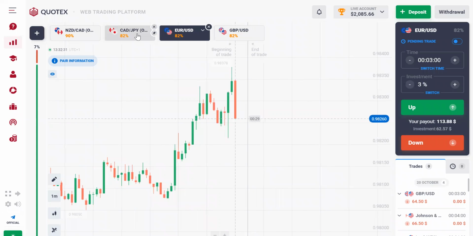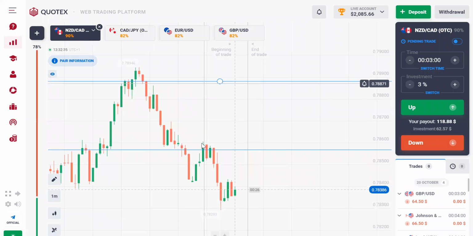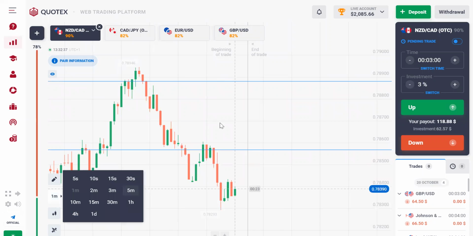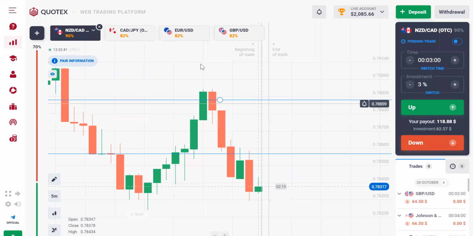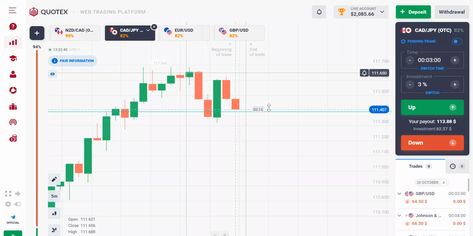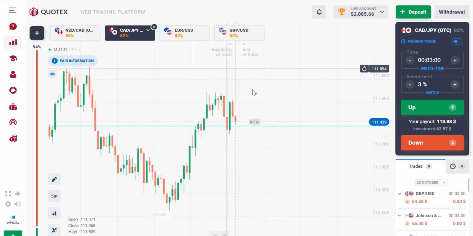You can see how fast the market is moving. I think it's not affecting some of these OTC pairs. It's not good on closing with a loss.